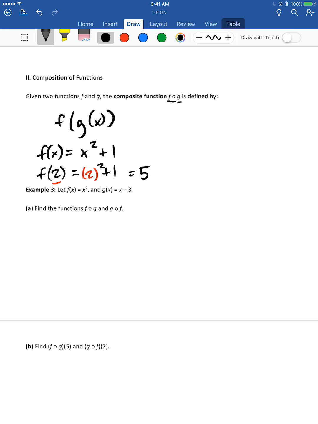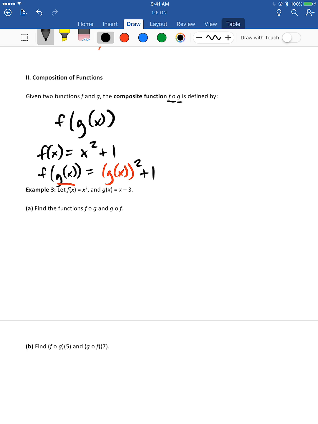It's the exact same thing here. So I'm asking you instead f of g of x. So everywhere I see an x, I'm plugging in g of x squared plus 1. Now, that means I need to know what g of x is, and I need to evaluate g of x.